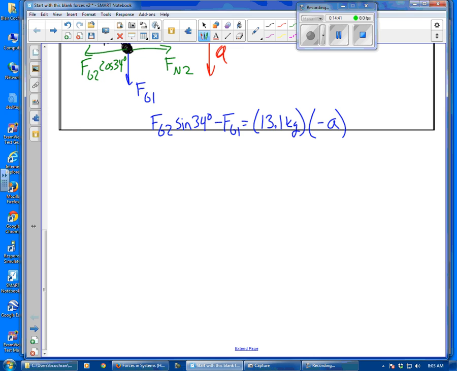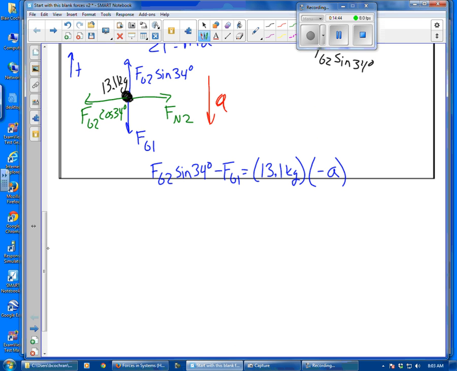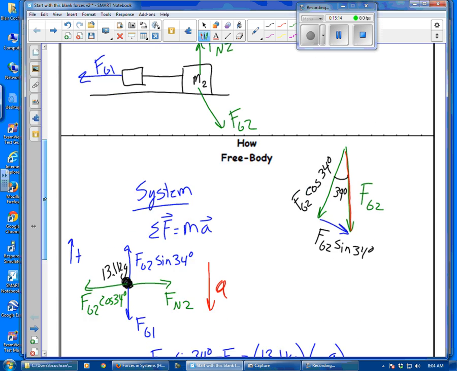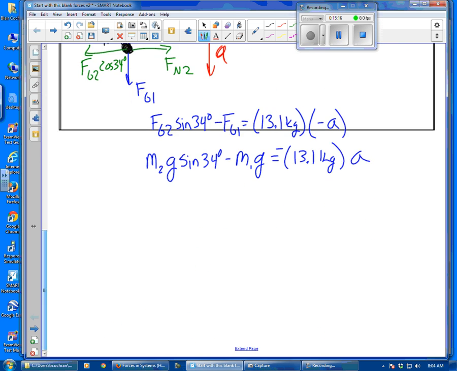I remember that weight is mass times the gravitational field strength. So I have M2G sine 34 degrees minus M1G all equals negative 13.1 kilograms times A. So my M2 was 3.1.